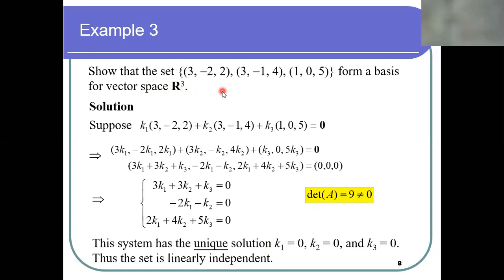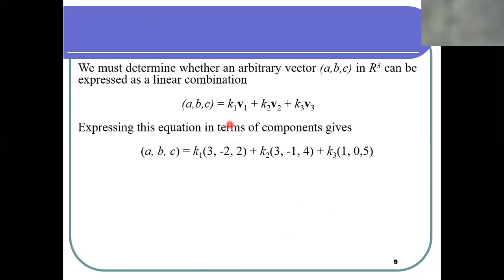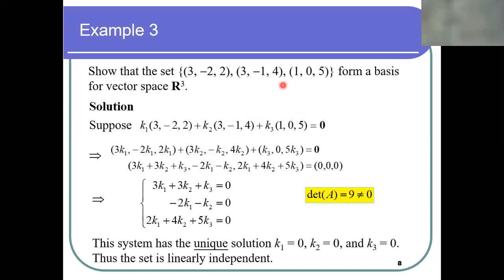For that, dear student, you have to take an arbitrary element from R3, (a, b, c), and write it as a linear combination of the given V1, V2, V3 in the subset of R3.